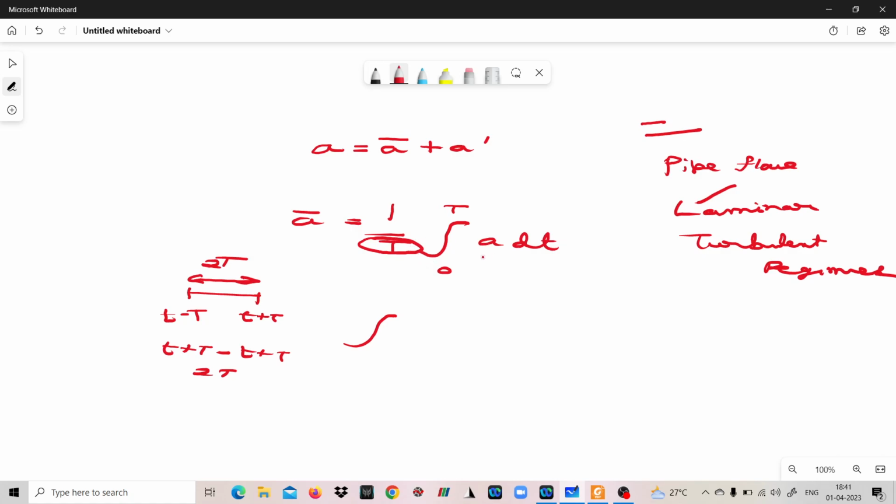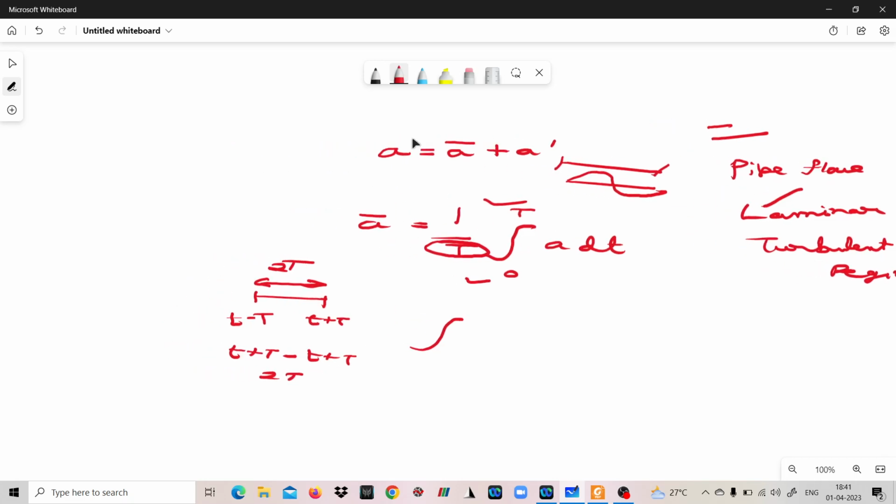Then you have to integrate from the lower limit of the time to the upper limit of the time. Now what is this time interval? Actually this time interval is basically one time period. Okay, so if you consider a sinusoidal wave, this T represents one time period.